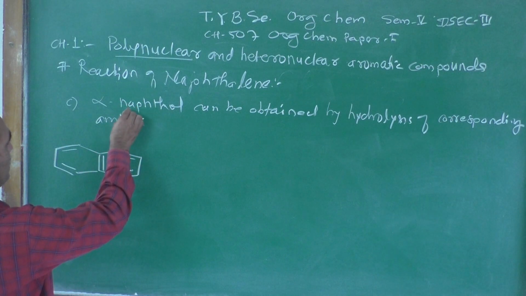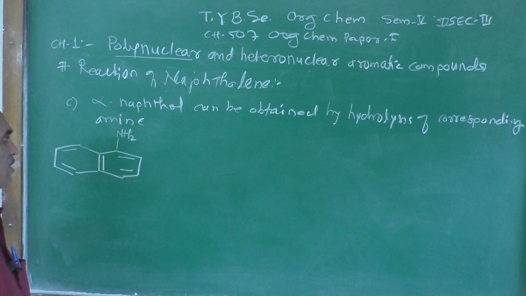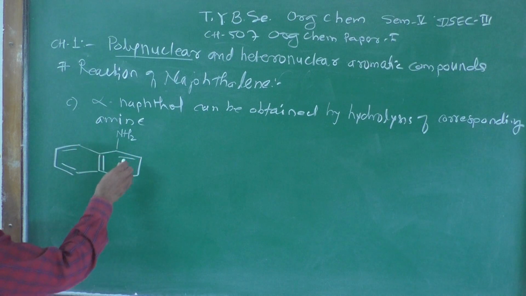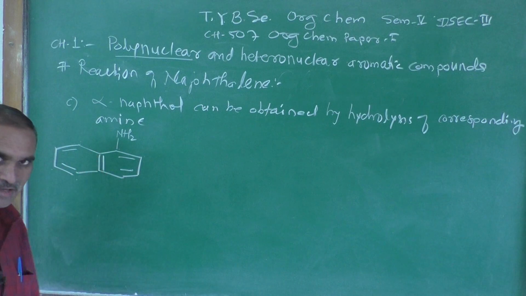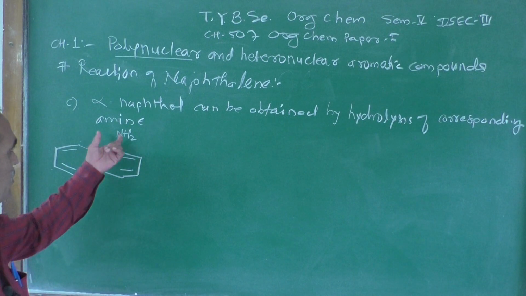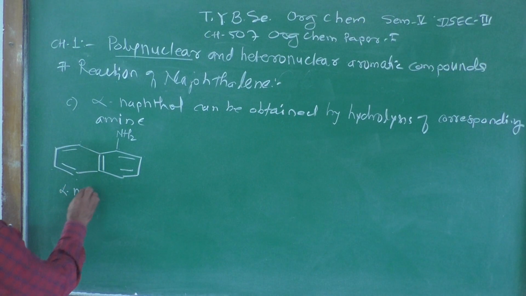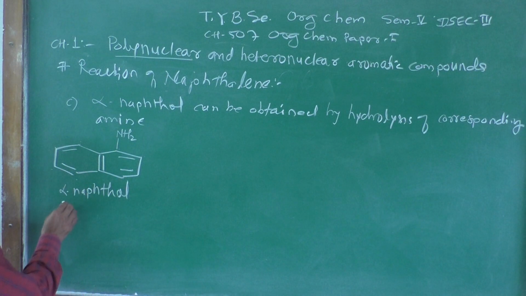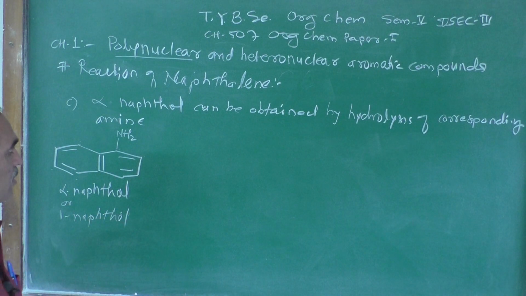We are going to prepare alpha naphthol, so we must take the amino group at the one position. As we know the naming system 1, 2, 3, 4, 5, 6, 7, 8, 9 and 10, at the one position it is termed alpha. This is our starting compound, the alpha naphthylamine, or 1-naphthylamine.